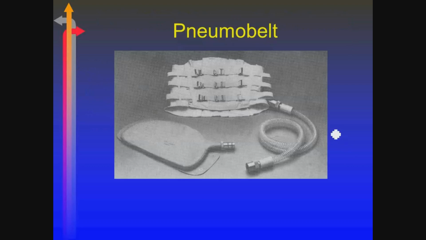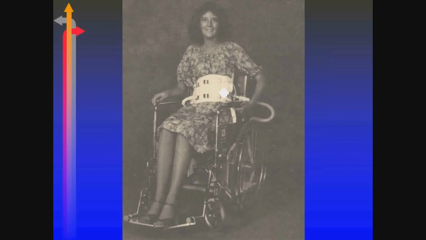First, let's talk about the pneumobelt. I've never seen one of these, but they are kind of a cool idea. Basically, it's like a, I don't want to say girdle, but something that goes around the abdominal cavity, has a bladder in it, so that as this inflates, and there you can see this fine young lady demonstrating the pneumobelt.